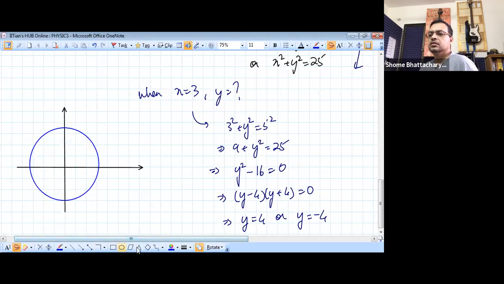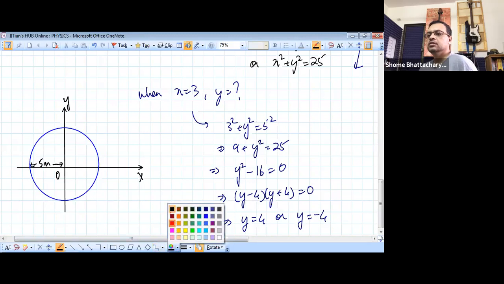Suppose this is our circle in the xy plane, the center being the origin, and this has a radius of 5 meters. Now x equal to 3 is somewhere here. So this is x equal to 3 meters. Now, where on this circle is x equal to 3?